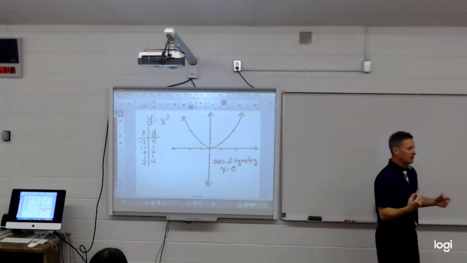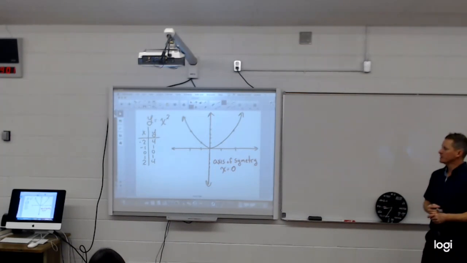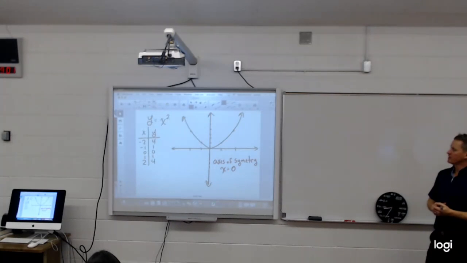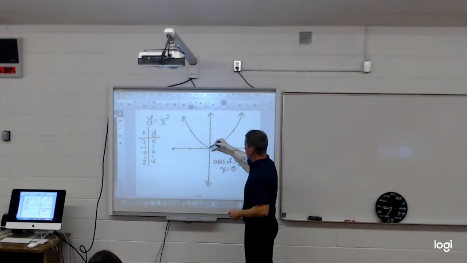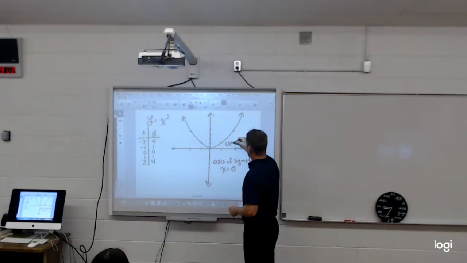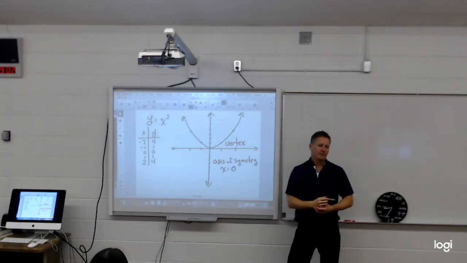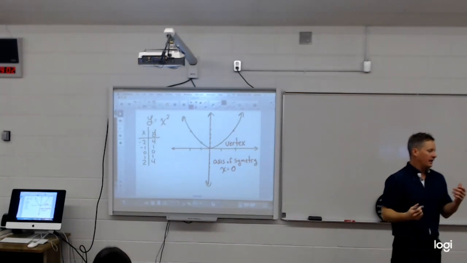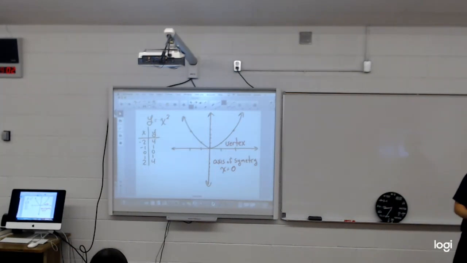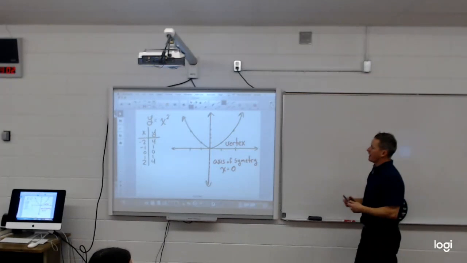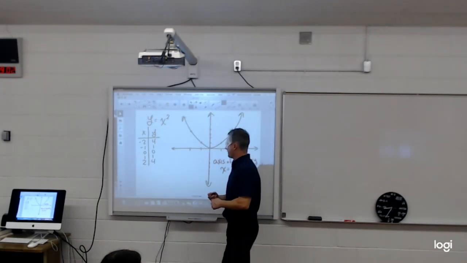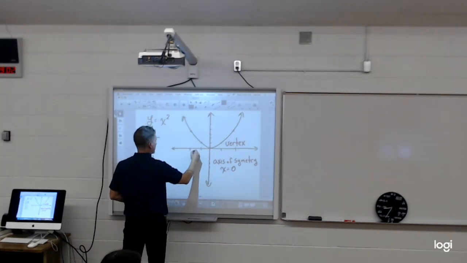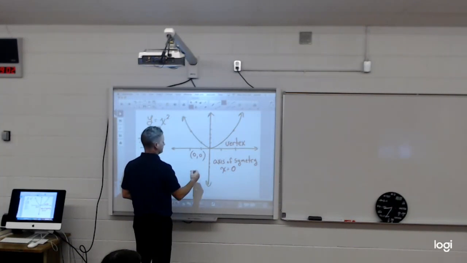We're going to get to all of this in a second. I just want you to see from this graph that this dot right here is called the vertex. The vertex has two or three properties that help us describe this parabola. In this case, my vertex is 0 and 0.